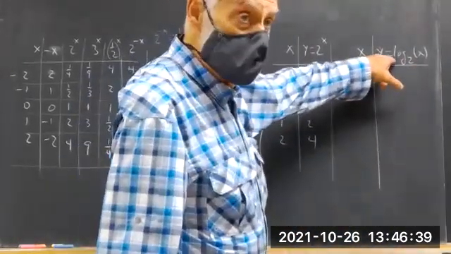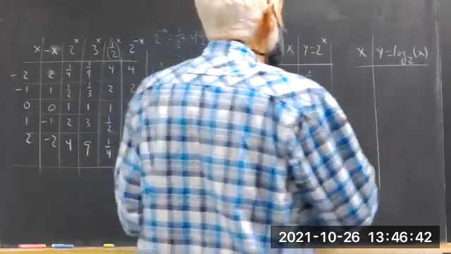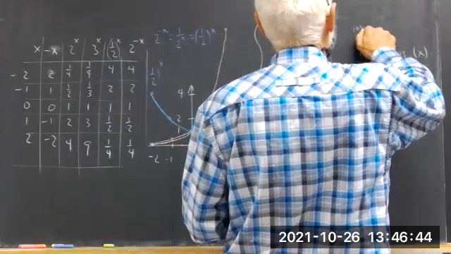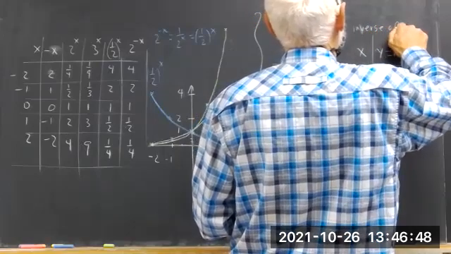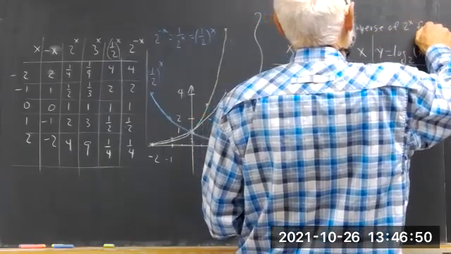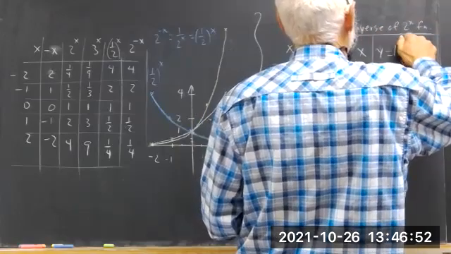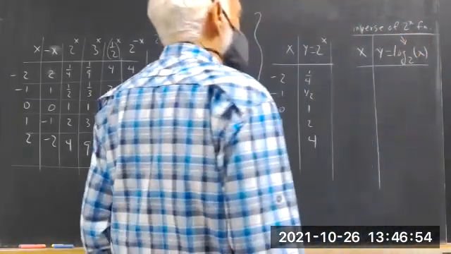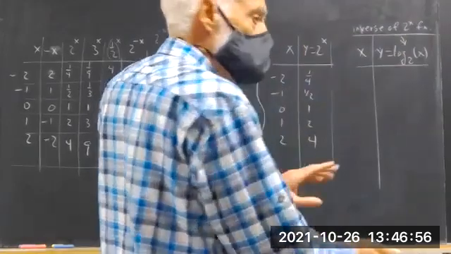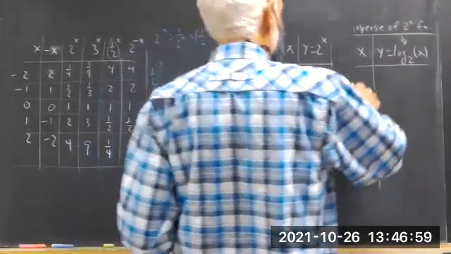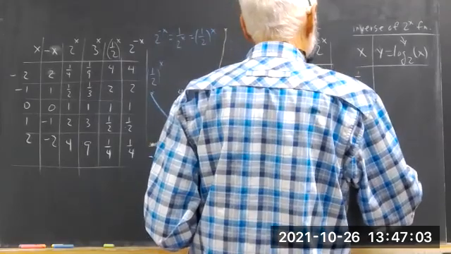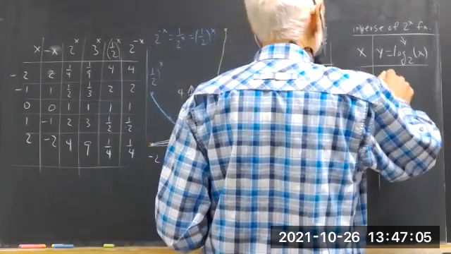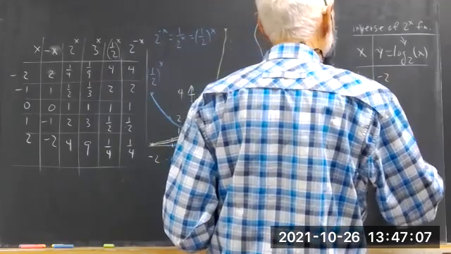Log base 2 is the inverse. To do the inverse, you take the table for the function and reverse the values. So you're going to put 1/4 here, 1/2 here, 1 here, 2 and 4. Over here, you're going to get -2, -1, 0, 1, 2.